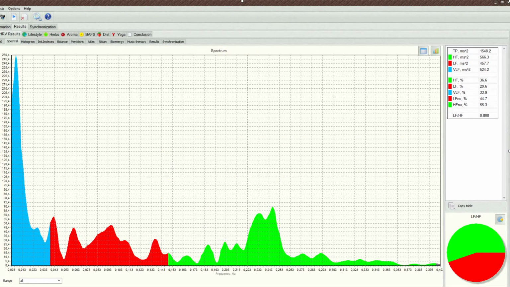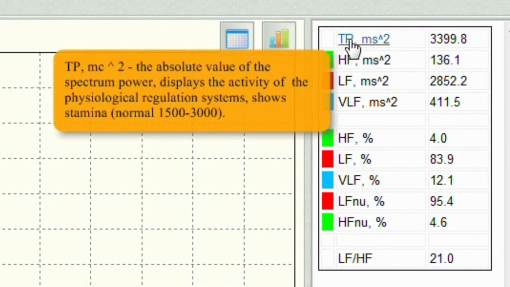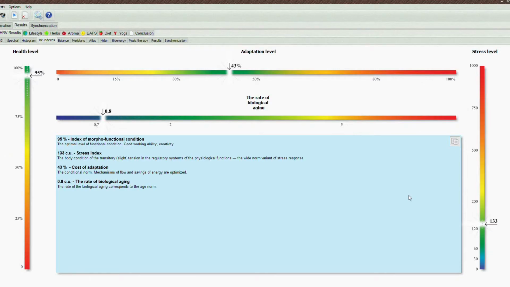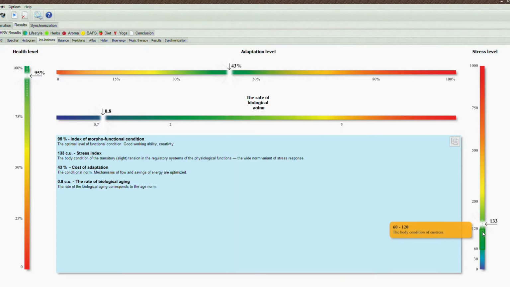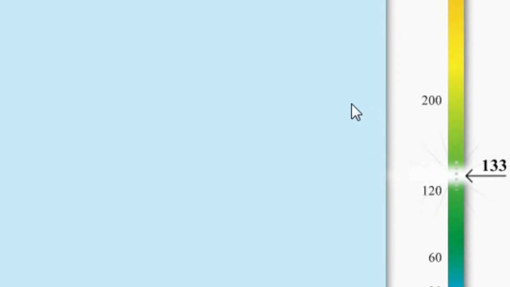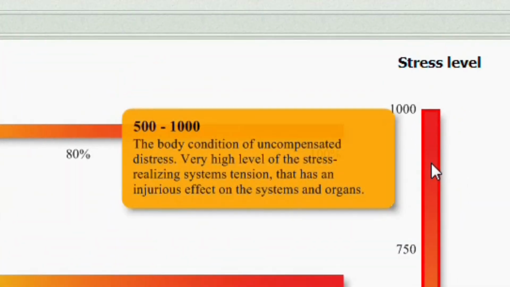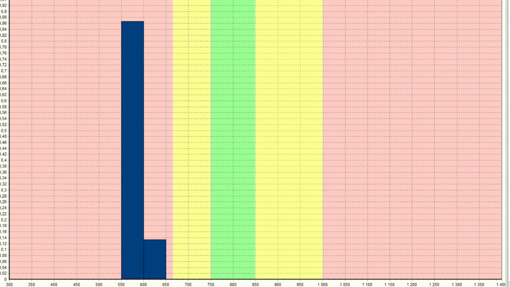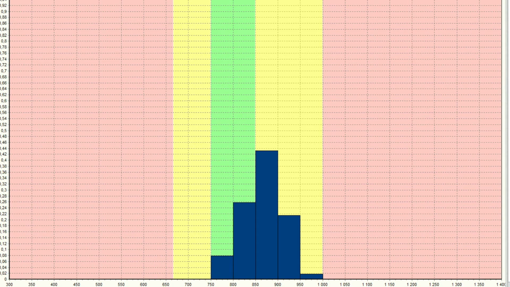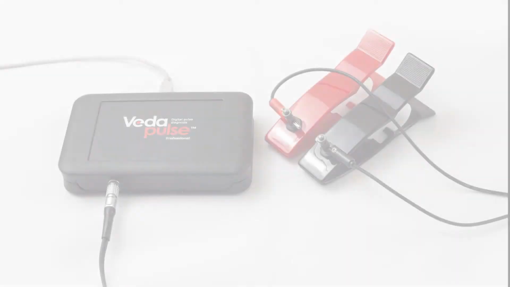These modules allow us to evaluate the body's adaptation level, or in other words, stamina. We can also estimate the client's stress level. You can see the green normal range, zones of compensated and uncompensated distress, and of course the critical red zones. These indices are important for recreational therapists because they are guided by them when controlling the rehabilitation process.